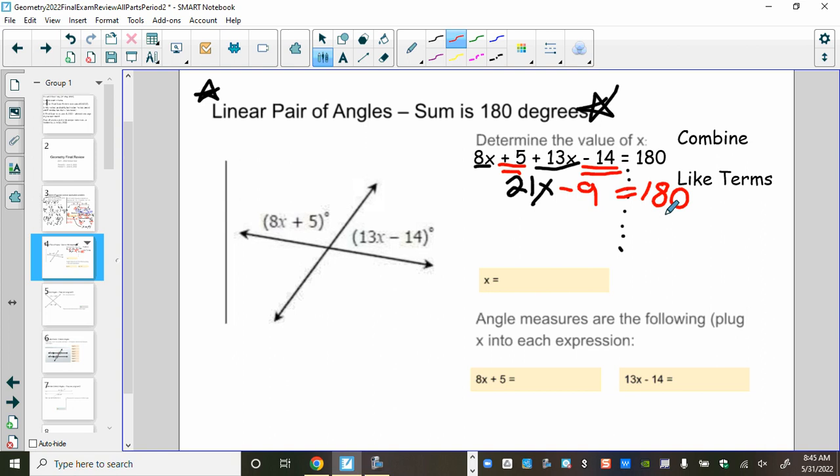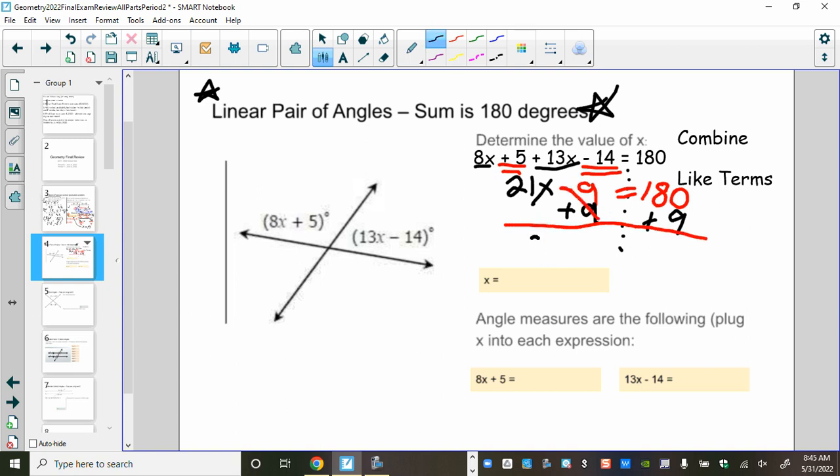All right, so Dennis told us the next step was to add 9 to both sides. Plus 9. And then the 9's cancel.